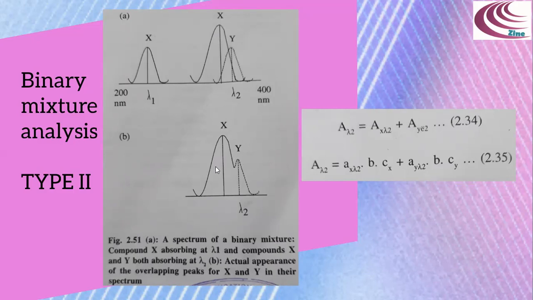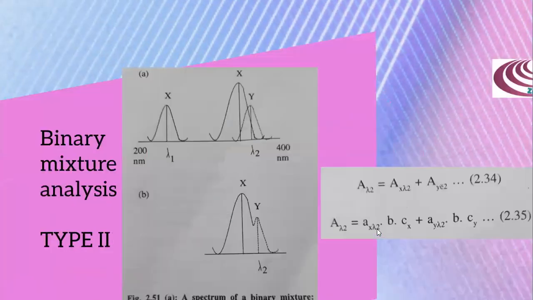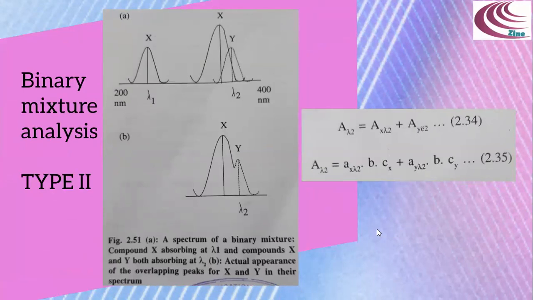The absorptivity of X, that is a_X λ1 at wavelength 1, can be found out if it is not known by a method such as the slope method, or maybe through literature we can get the absorptivity of X, and then using equation 2.32, that is A_X λ1 = a_X λ1 × b × Cx, the concentration Cx of X can be found out.